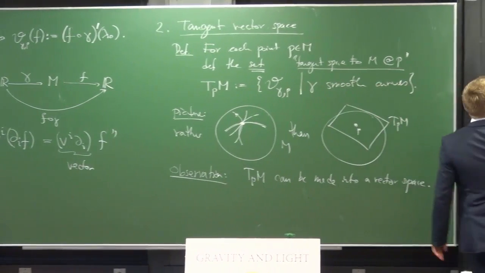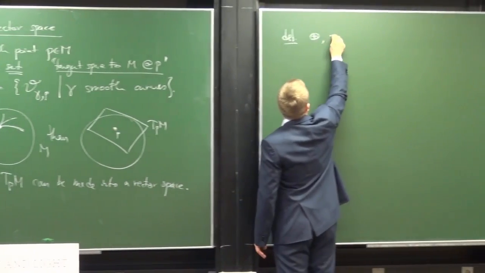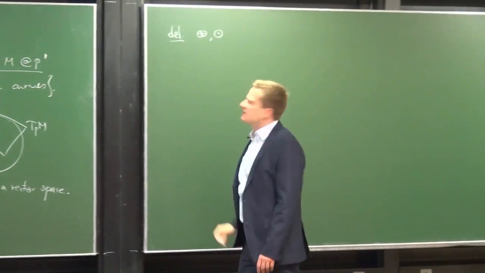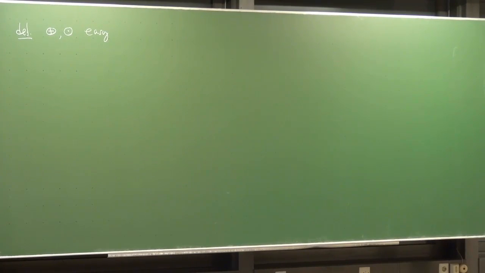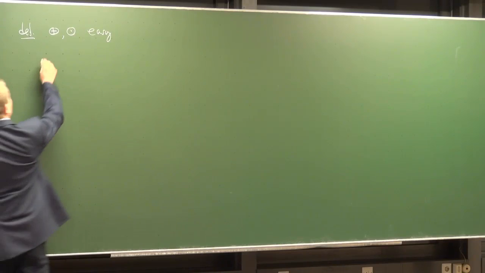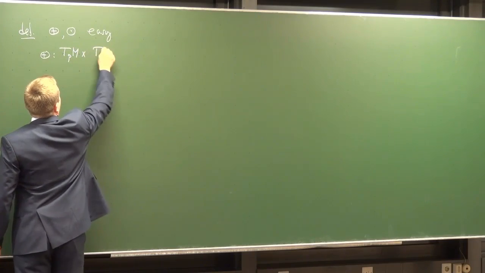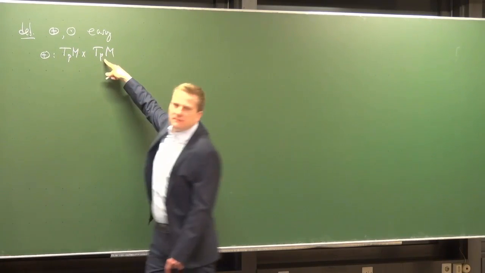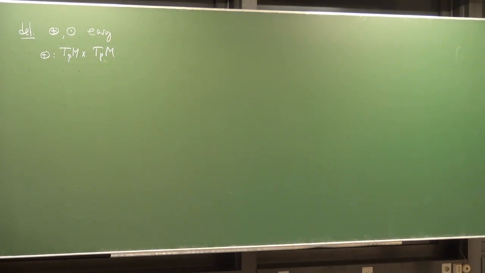So what do we need to do? We define an addition and a scalar multiplication, and that's very easy because the elements here are linear maps with values in R. So you can immediately add them. You can immediately take an element of T_pM and an element of the same T_pM. You cannot take a vector here and a vector here and add them.